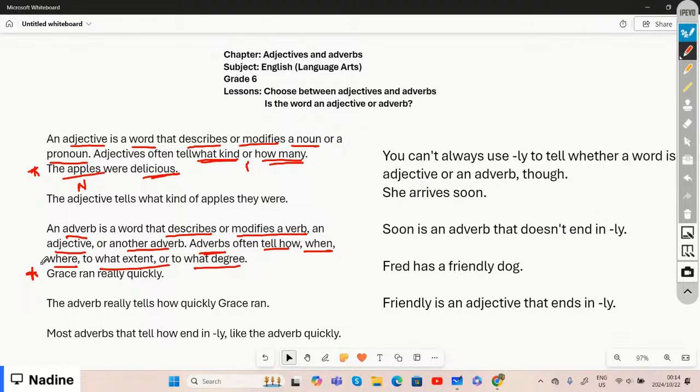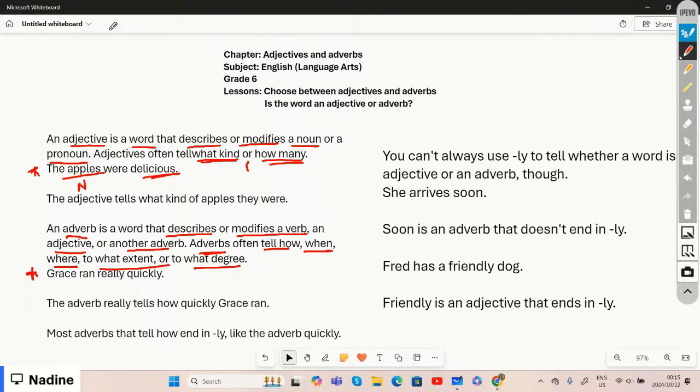All right. And if we identify our adverb, firstly, ran is our verb.